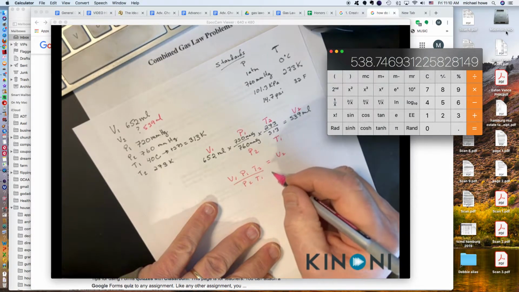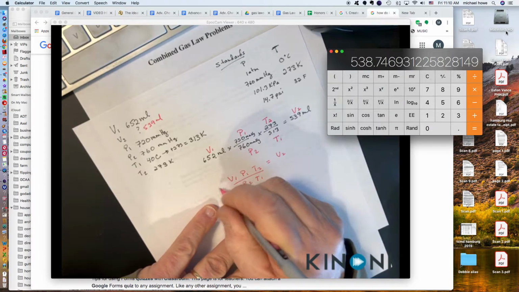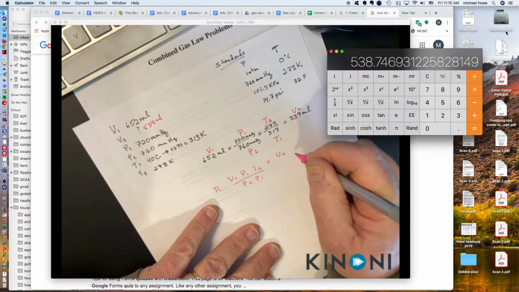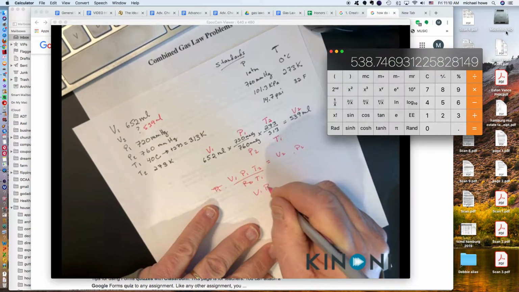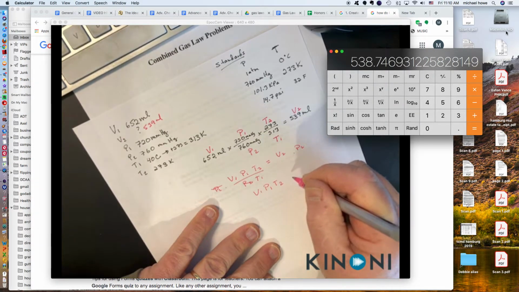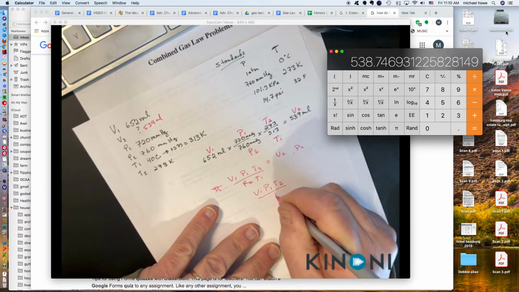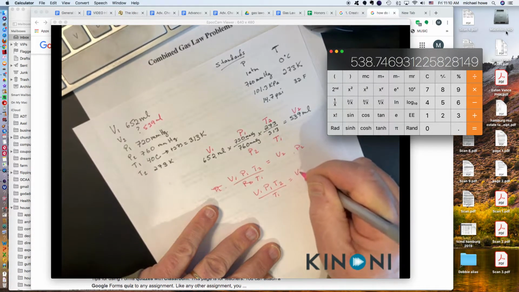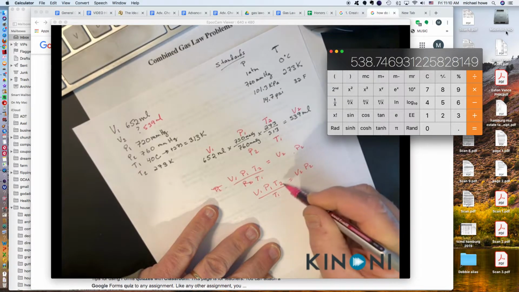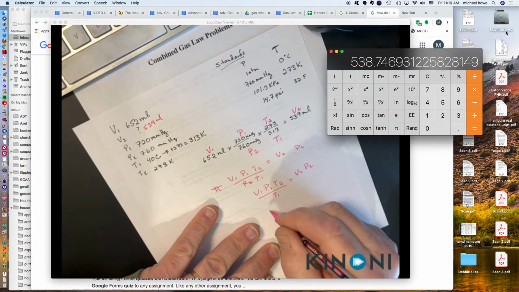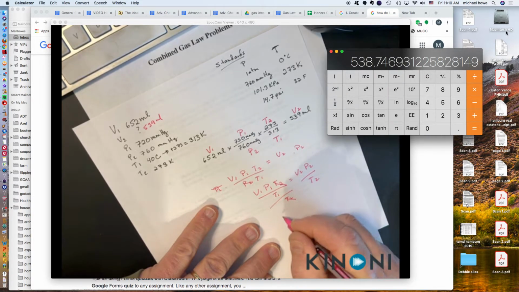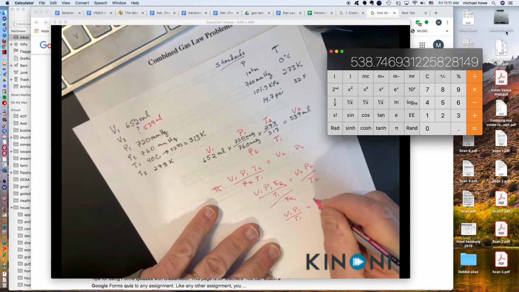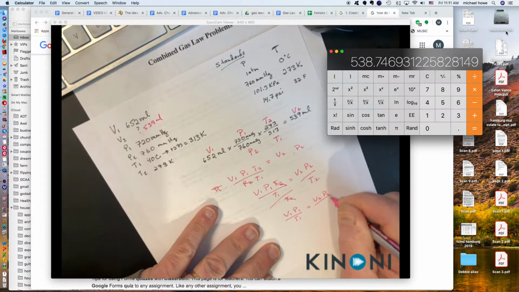So if I multiply both sides by P2, they'd cancel over here. So now I would have V1, P1, T2 divided by T1 equals V2, P2. And then to get the other two over here, I would divide both sides by T2. So they'd cancel here. So I'd have V1, P1 over T1 equals V2, P2 over T2.